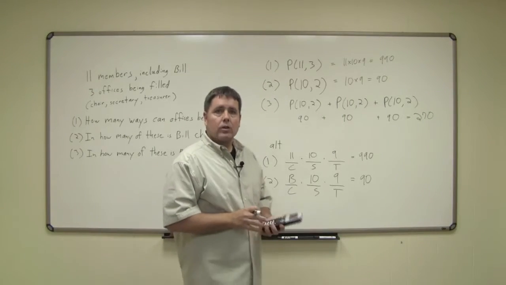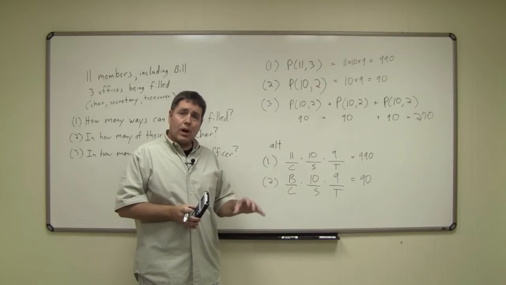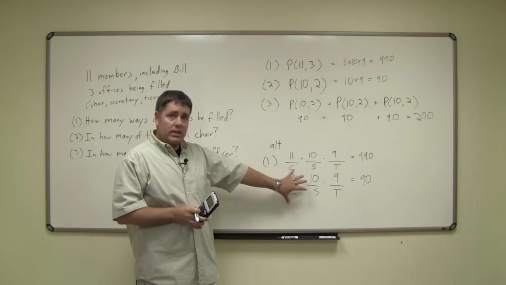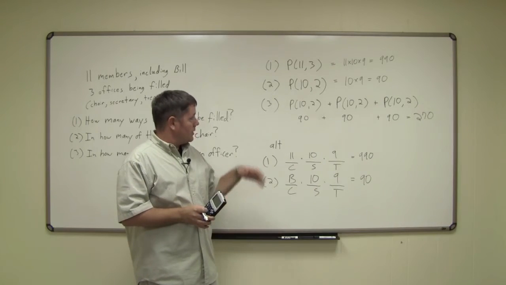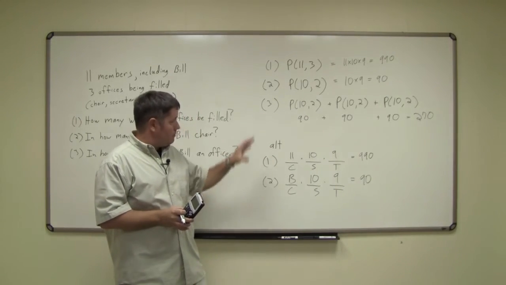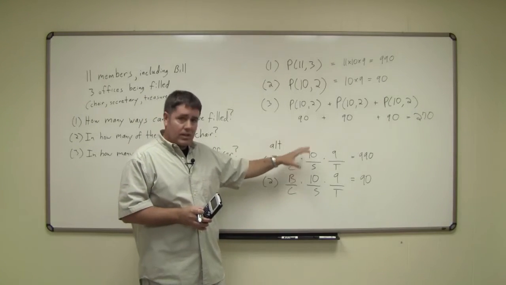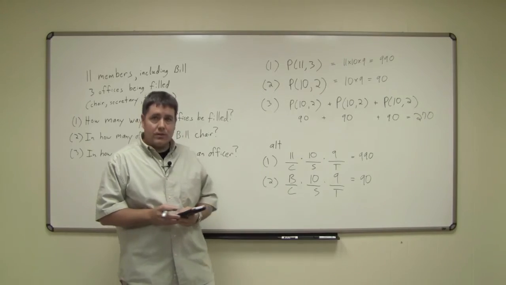And so this is an alternative way to look at the same type of problem. Now there are some problems where this type of strategy becomes very, very cumbersome. So it's important to understand both ways to do this. But in both strategies, as you can see, they get us the same number. So this is the number of ways to fill these offices.